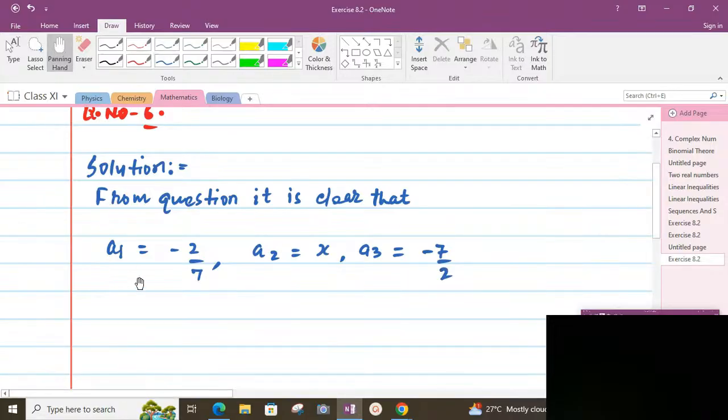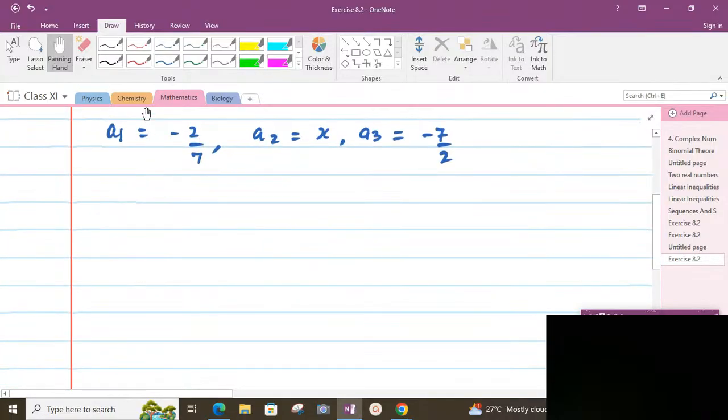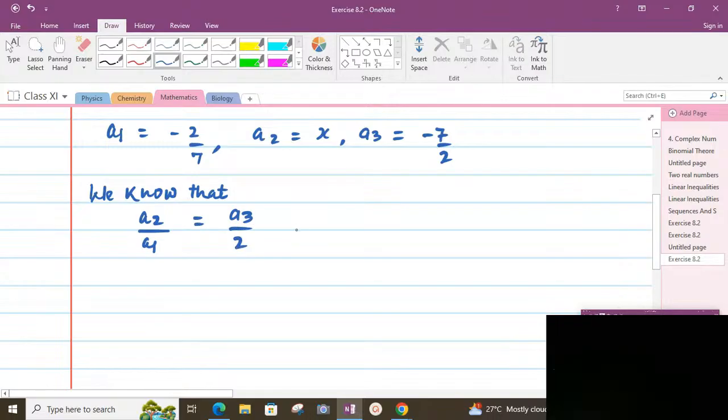So we know that a2 by a1 equal to a3 by a2. This is the common ratio in a GP.